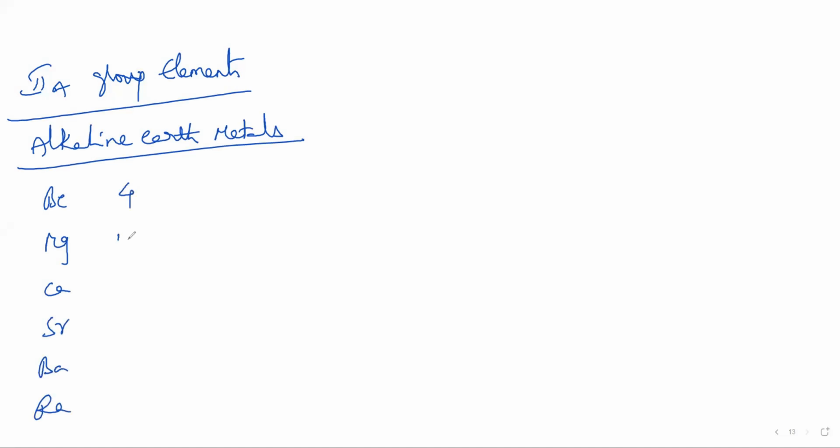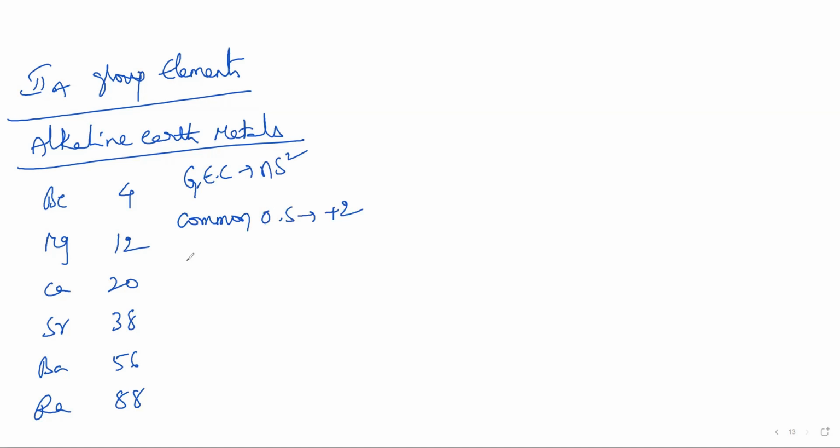Beryllium 4, 12, 12 plus 8, 20, plus 18, 38, plus 18, 56, plus 32, 88. What is general electronic configuration? ns2. Common oxidation state plus 2. Valency 2 means valence electrons.